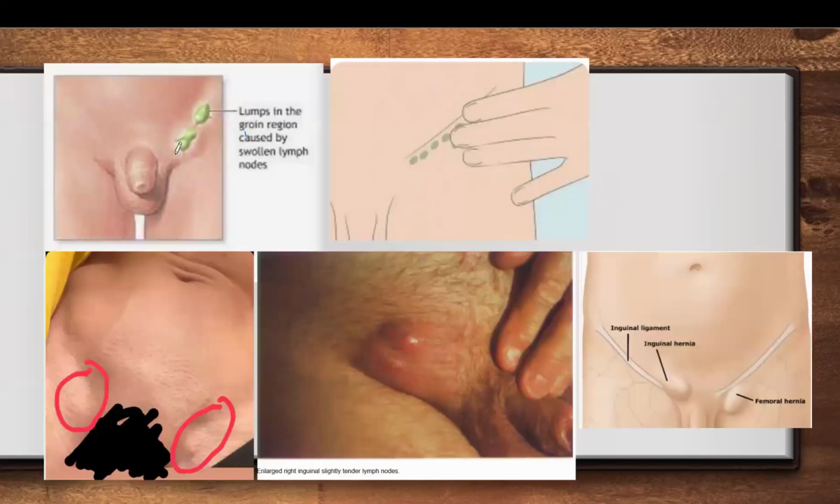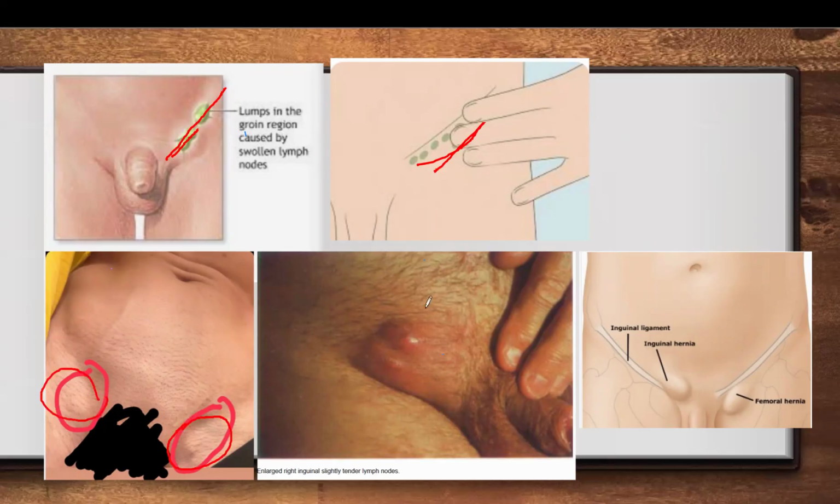So you can see here, this is the pubic tubercle almost here, going to the anterior superior iliac spine, and this is the location of the inguinal lymph nodes. This is again the inguinal lymphadenopathy, and you can see that it is present over the inguinal ligament.